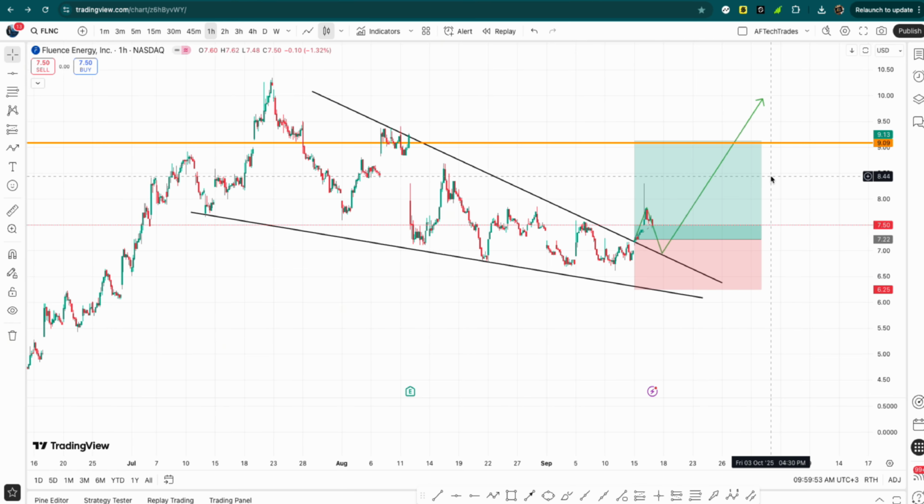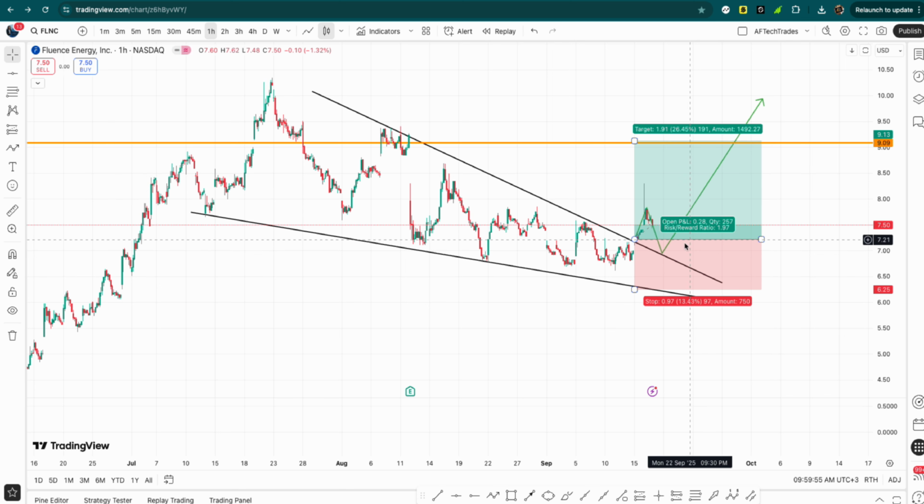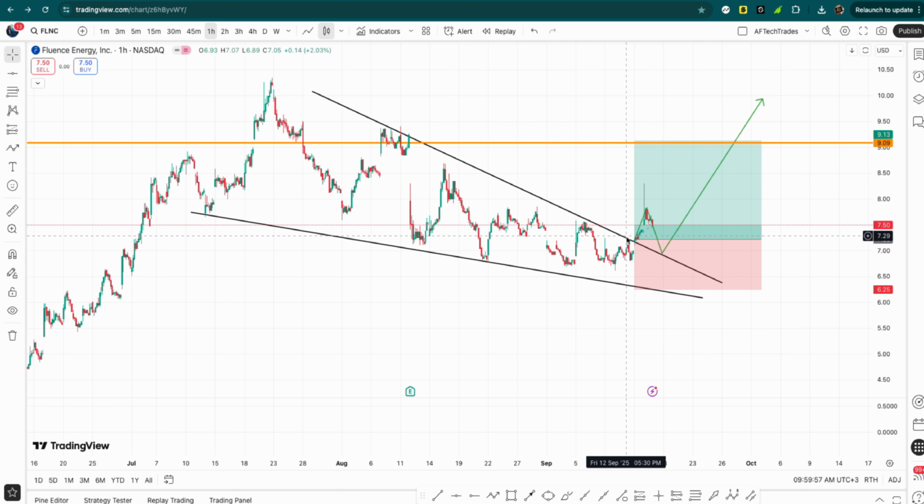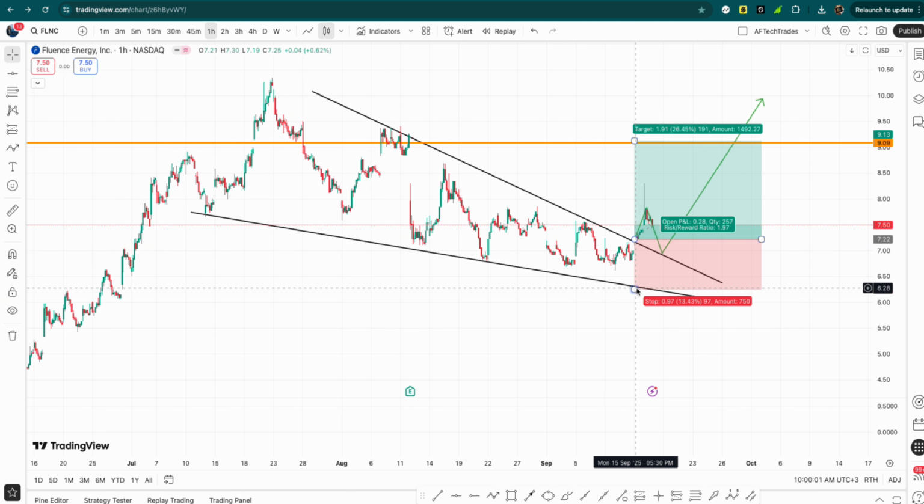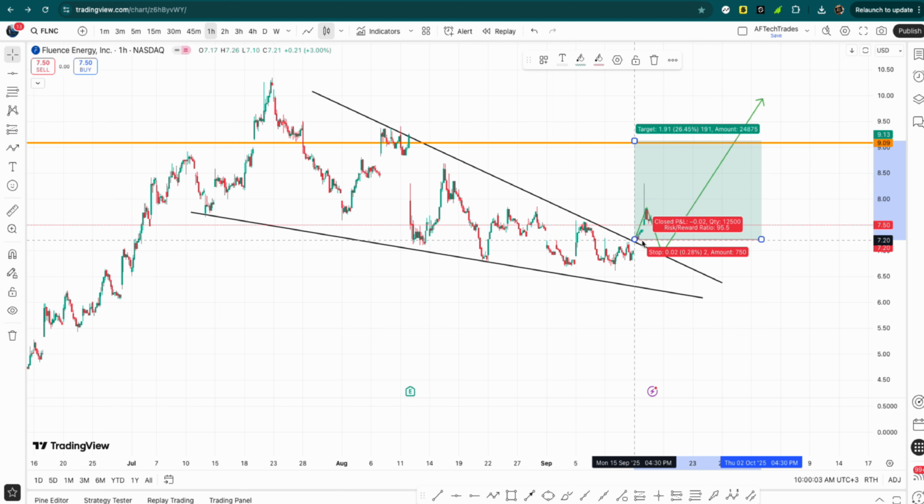So like I said, what I usually do is that after I've entered the trade and I'm in a good profit, I move my SL to break even. Always do this to manage your risks. Move your SL to break even, so you don't keep checking the market.